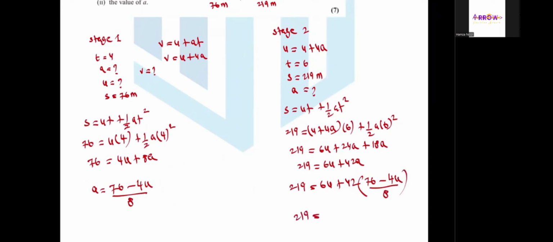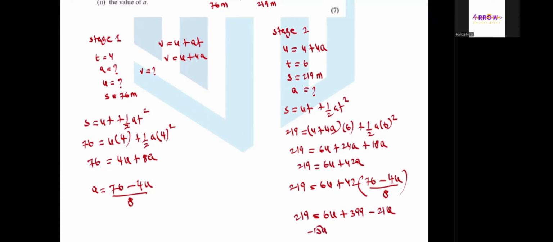So 219 is equal to 6u plus what? 42 multiplied by 76 divided by 8. How much is this? This is supposed to be 399. And then minus 42 times 4 divided by 8. This will be 21. So minus 21u. So 6u minus 21u, 6 minus 21 is minus 15.